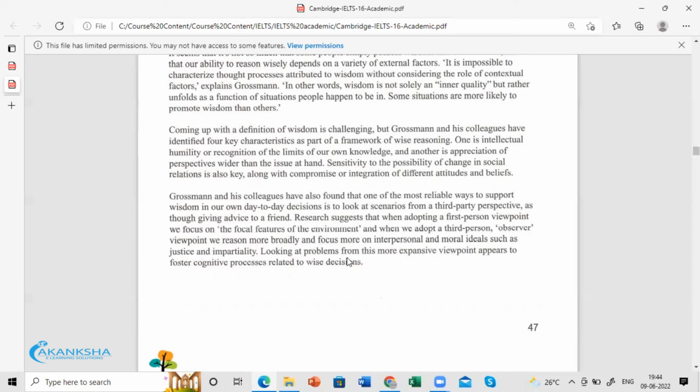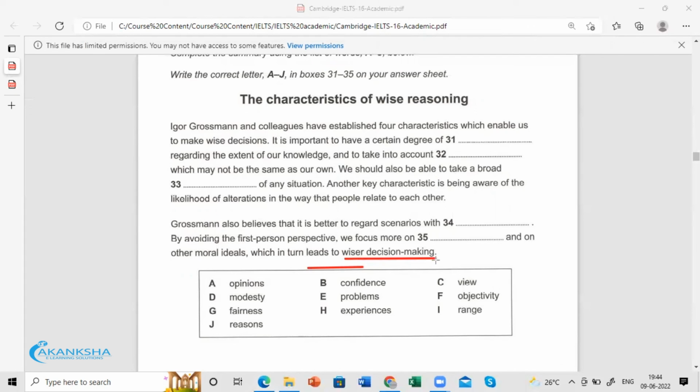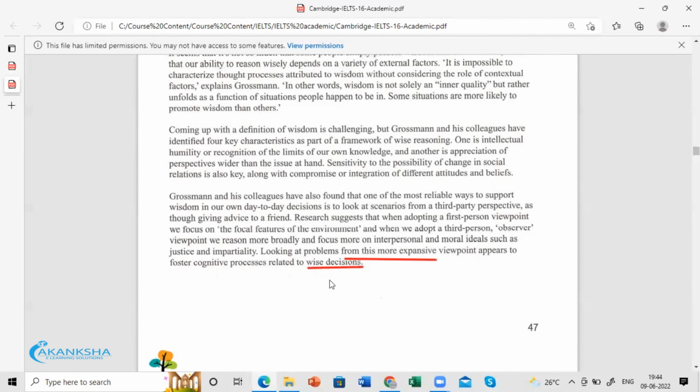We focus more on looking at problems, and this more expansive viewpoint appears to foster cognitive processes related to wise decisions. Okay, wise decisions. Wiser. So wiser decision making. So here it is, you see, wiser decision making, last line. So it means that everything is discussed here within this paragraph itself.